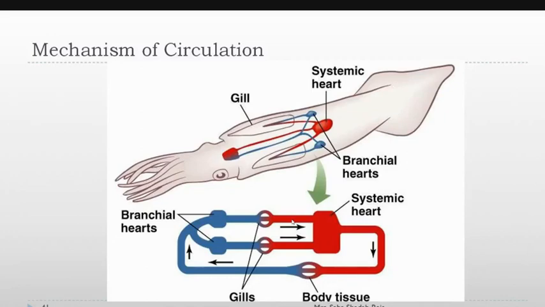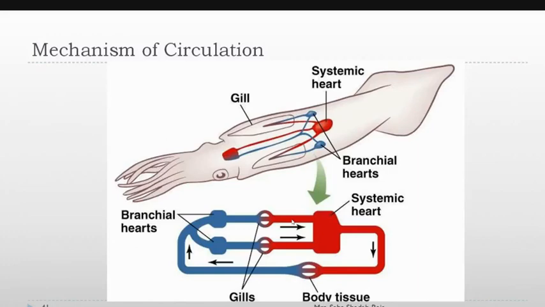In the body tissue, gaseous exchange will happen in the capillary bed, and from that capillary bed, the deoxygenated blood will be returned to the venules. From the venules, it will go to the veins, and from the veins to the vena cava.